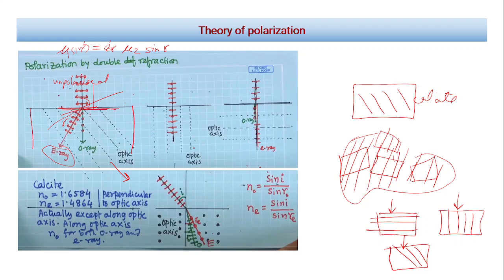But what you have to keep in mind is that when we send unpolarized light through this uniaxial crystal, it splits into two parts. One is the ordinary ray, which passes as it comes, and another part goes in another direction, which we call the extraordinary ray. If the slab is such that the optics axis is in this direction, and the incident unpolarized light is parallel to this optics axis, then it will pass without splitting. Why?